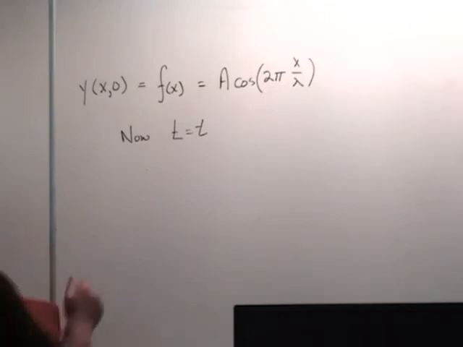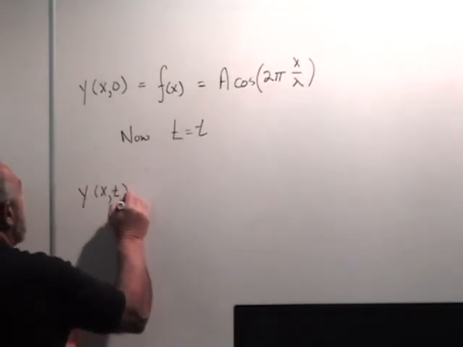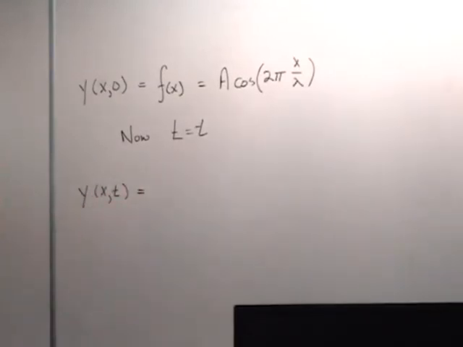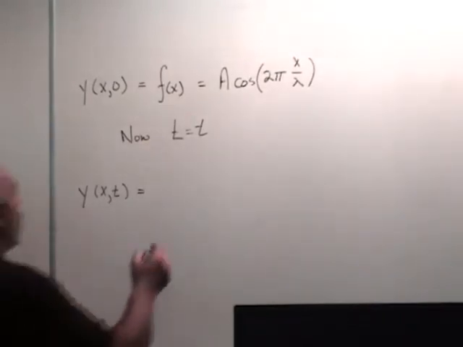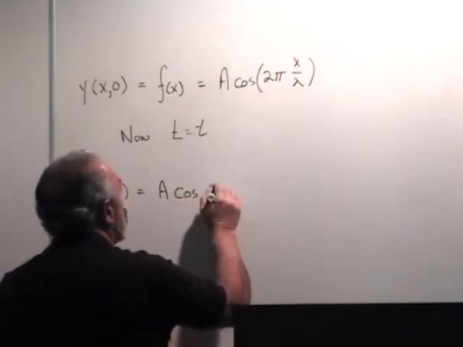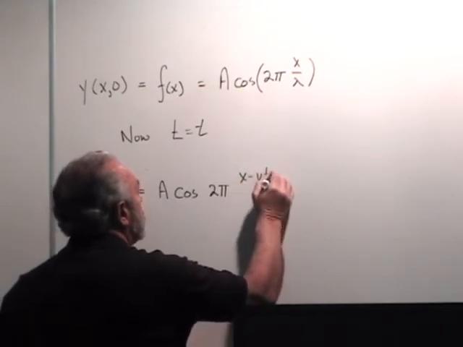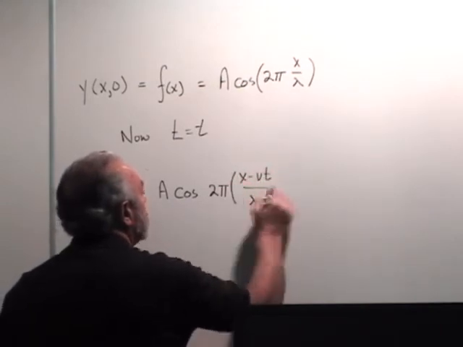We can simply write down y of x and t is going to be, wherever you see an x, you put in x minus vt. Piece of cake. A cosine of 2 pi times x minus vt over lambda.